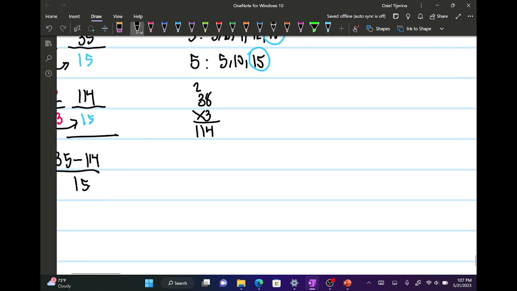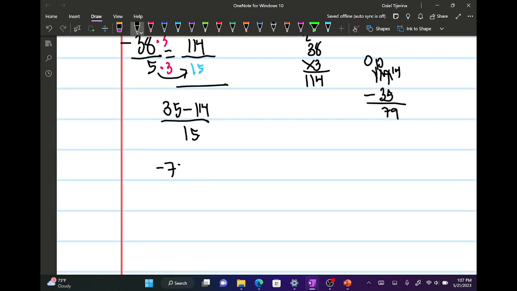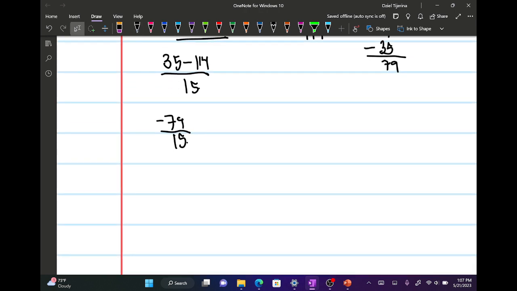The difference is 79, but it's negative, so negative 79 over 15. The last part is to turn this into a mixed number, so we divide 79 by 15.